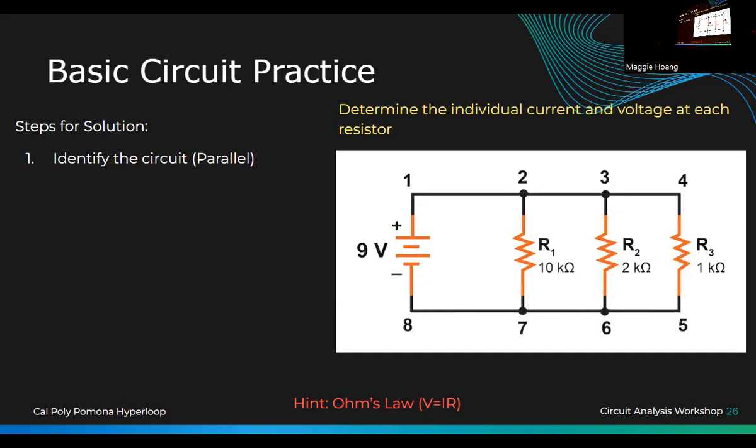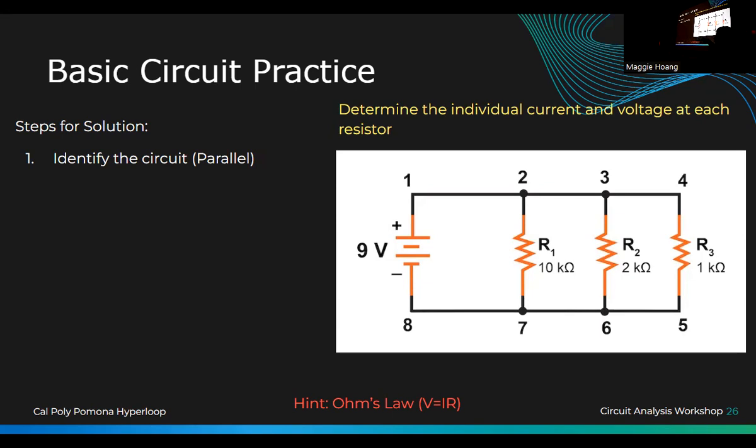If you add it all up and find the total current, then you would find the current at this point right here. But that's not the individual current at each resistor. So you found one part of it, right? You could use that to check later on. Yeah, but you still need to find all the other currents first, right?